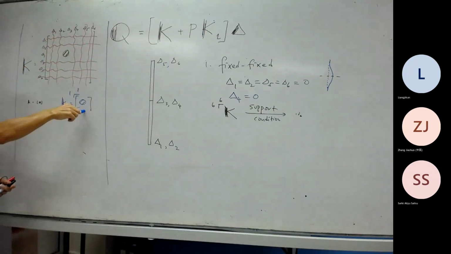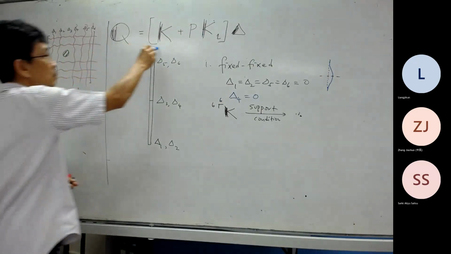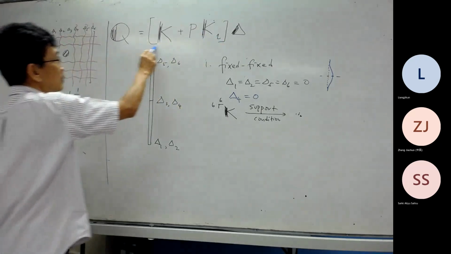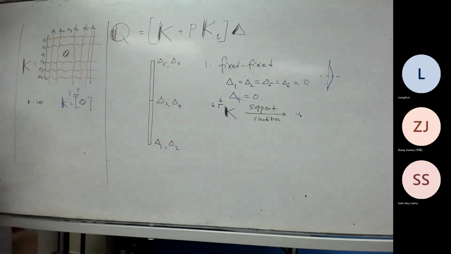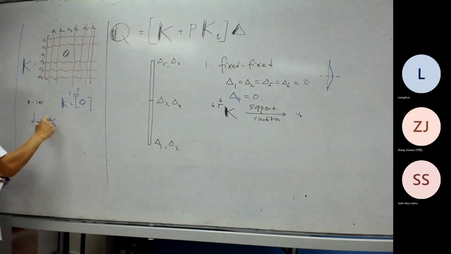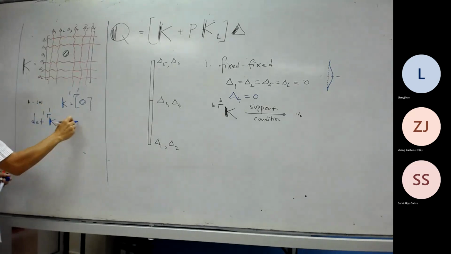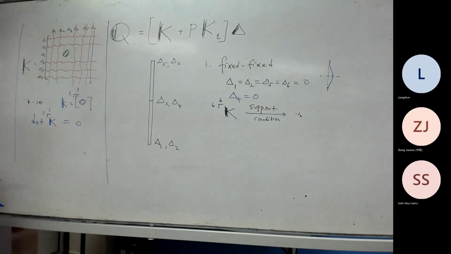This one means including both of these, and then you have only one row and one column left. Then we apply the determinant of this, which is one row, one column, equal to 0 to get the P critical.